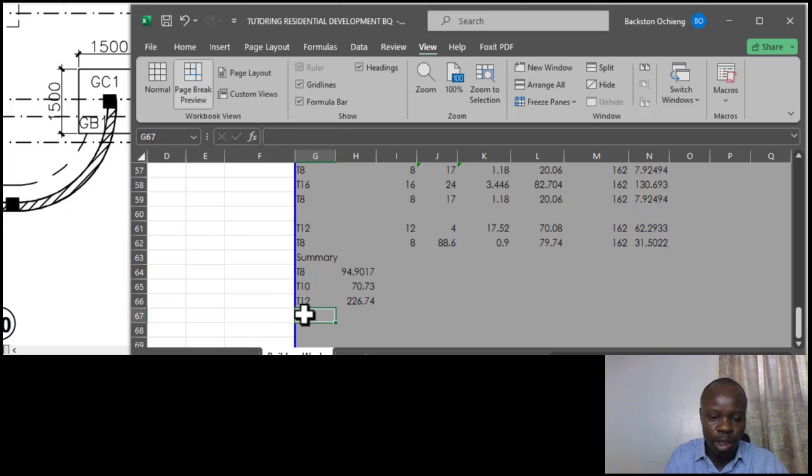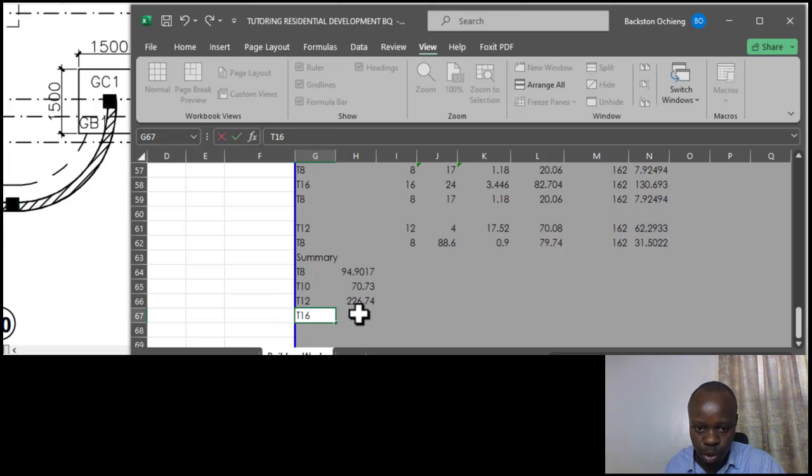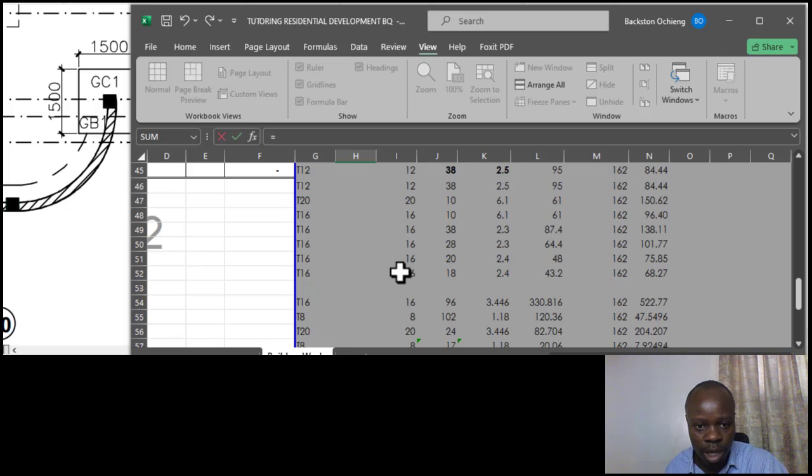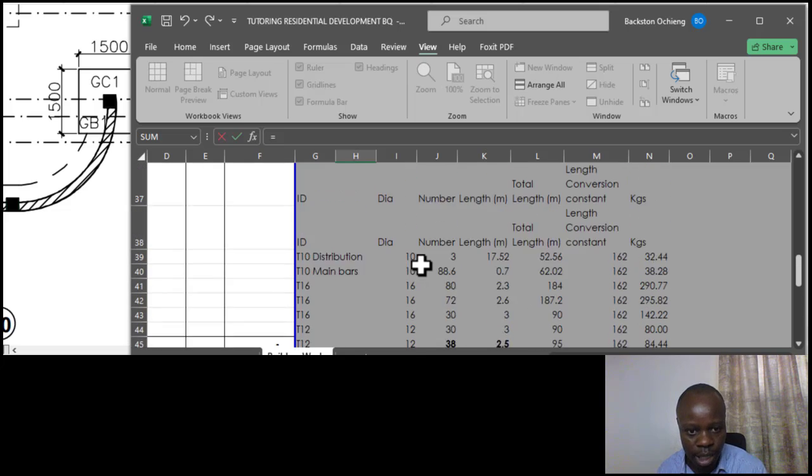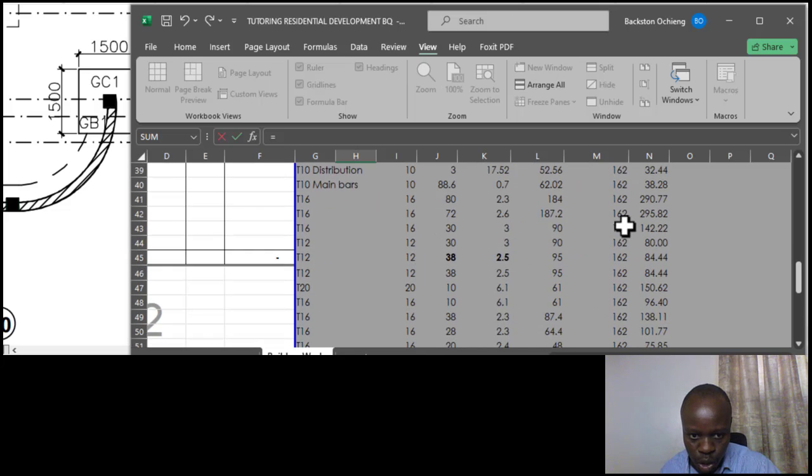So from T12 we go to T16, so just maintain that order and sum them up keenly. Alright, so T16 is the next. T16 we have that, then we add that one, then we add the third.